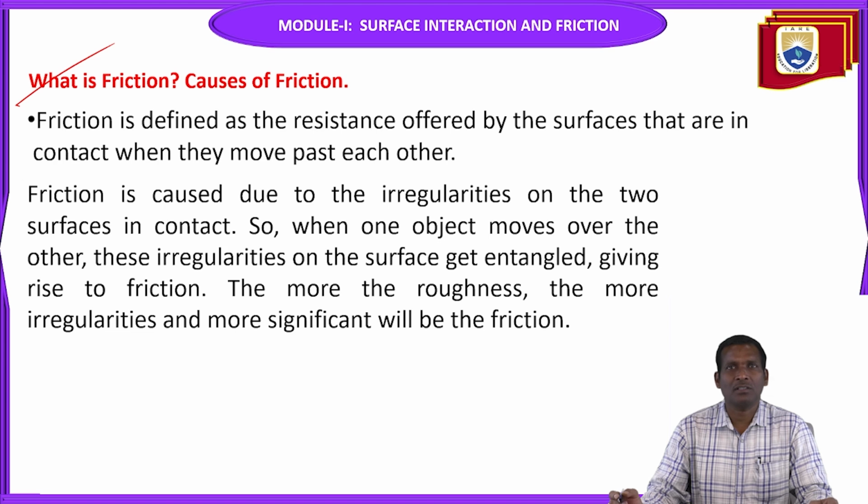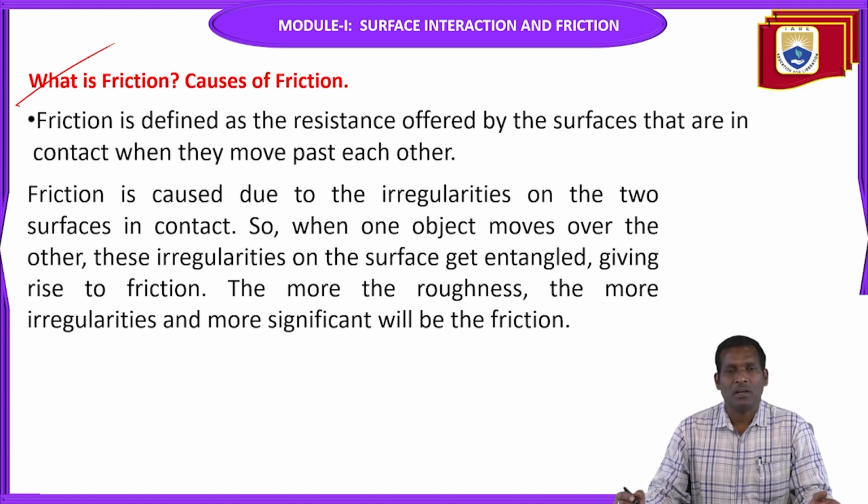The friction is caused due to the irregularities on the two surfaces in contact. Whenever two surfaces are in a mating condition, in contact with each other, there are irregularities in the surfaces. If both surfaces are the same, with no irregularity and the same property and smoothness, then there is no question of friction.